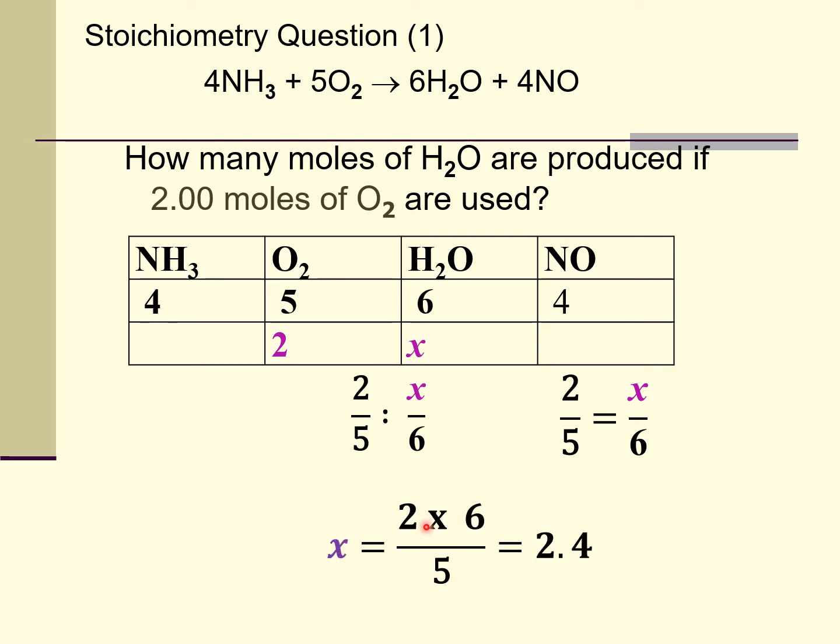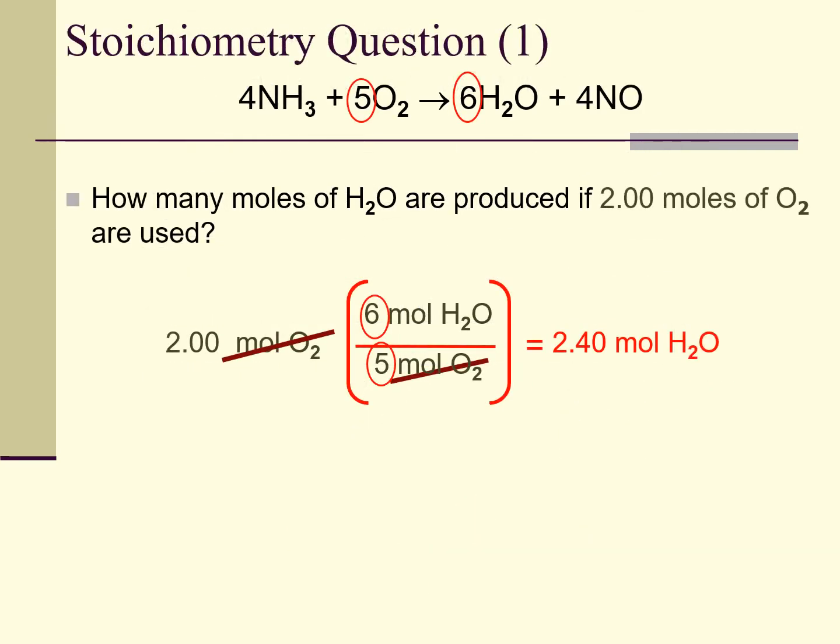Okay, so you have now, this is the given, and this is your conversion factor. That is the mole-mole ratio, which is a conversion factor. In another slide, this is it.